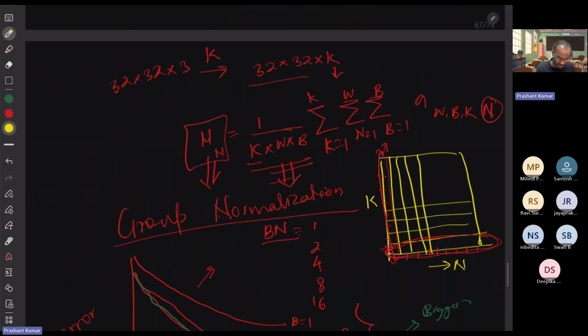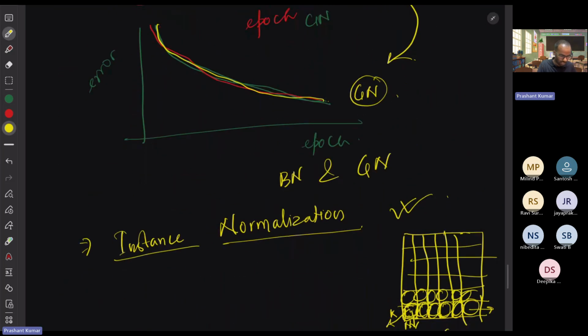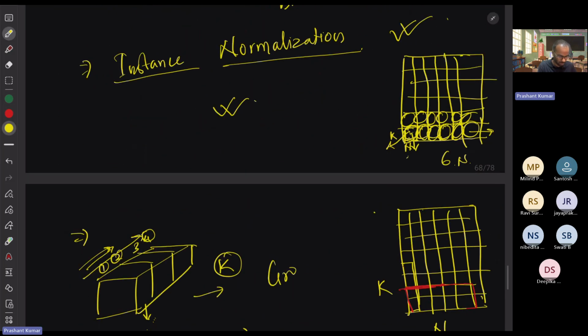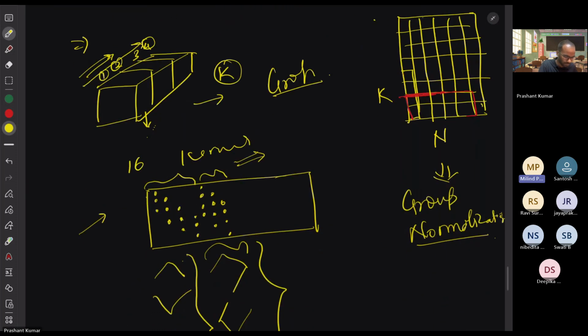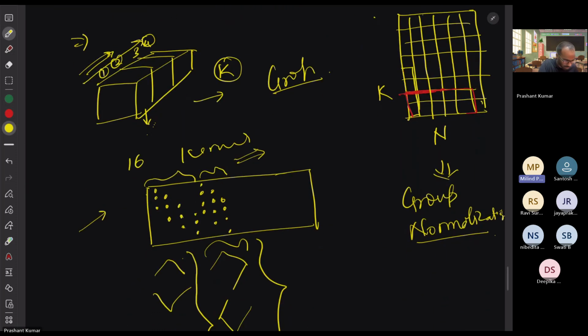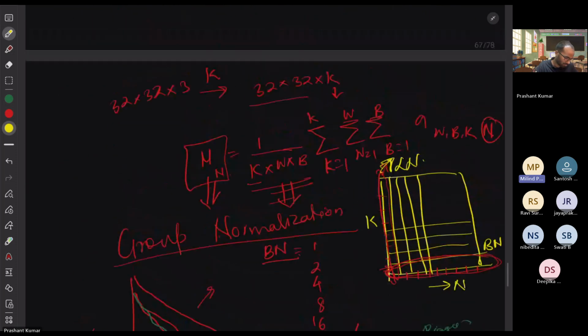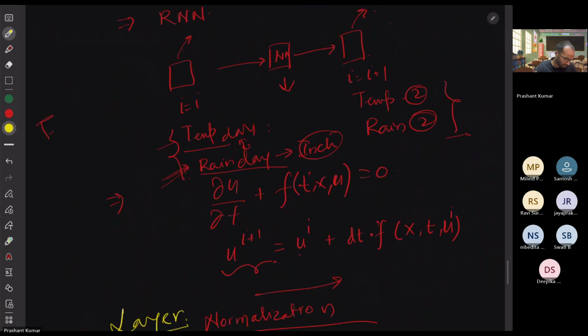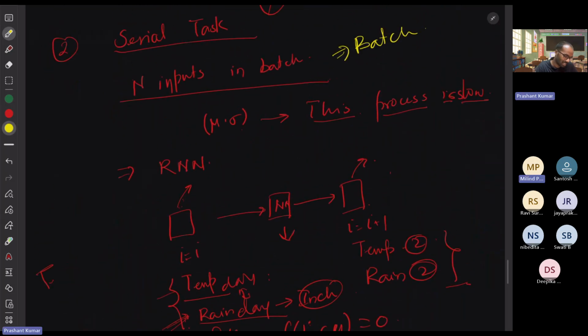So what we discussed, this is the layer normalization. This is the batch normalization. And then we talked about the instance, and this is the group normalization. So probably they are named layer because we are talking about multiple layers, all the K kernels at once, correct?